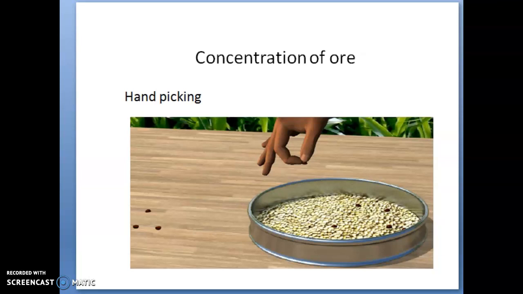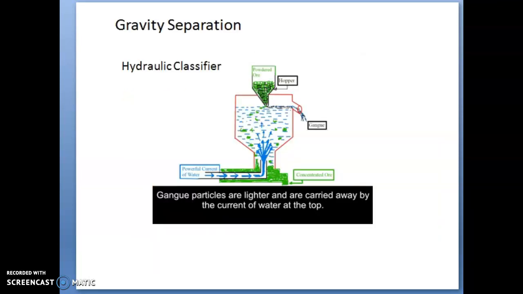The next method is gravity separation. Gravity separation takes advantage of the difference in the specific gravity of metallic ore and earthy impurities.